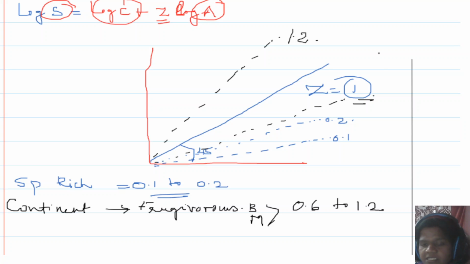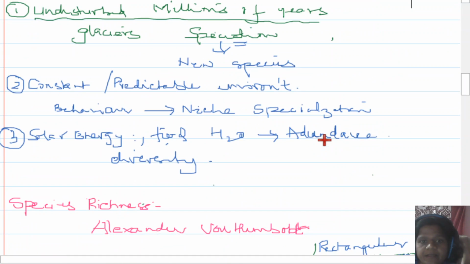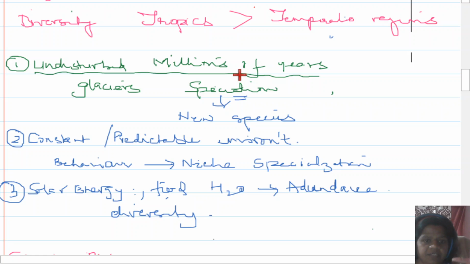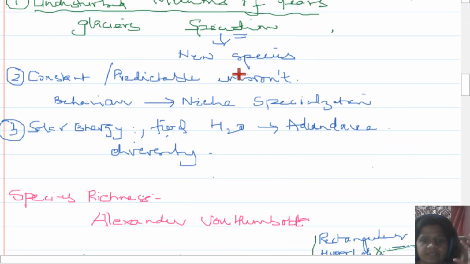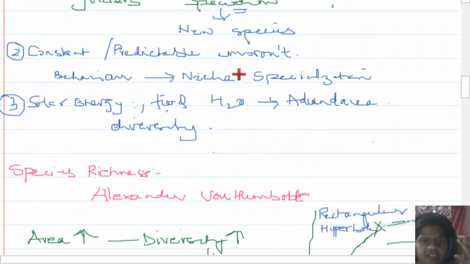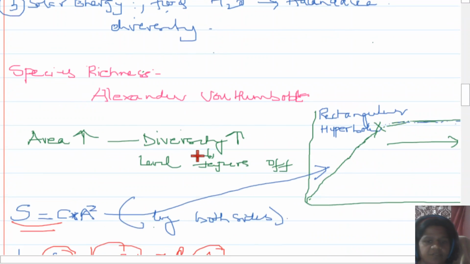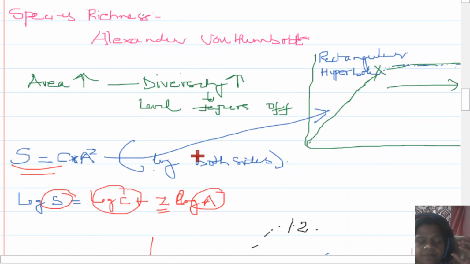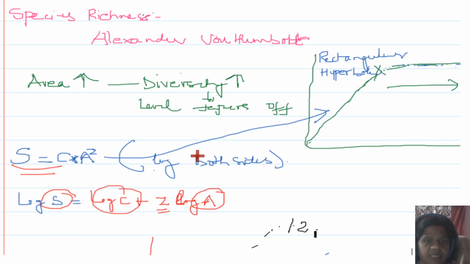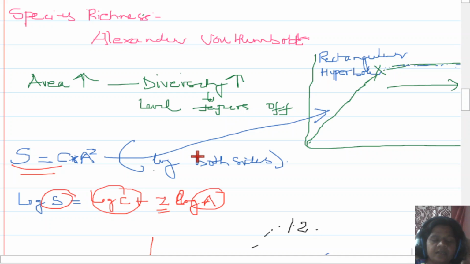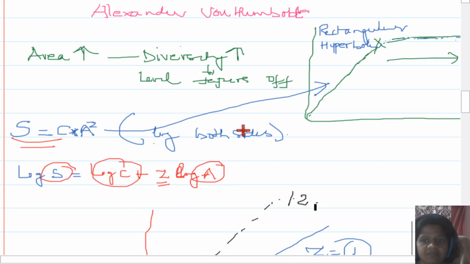All you need to understand in this is the diversity is more in the tropics than in the temperate regions, and there are three reasons for it: they were undisturbed, a constant environment, and abundance of natural resources for the greater variety of species. And that is the latitudinal gradient. And for the species richness, as you increase the area, your species richness or the diversity goes up, but at a certain point it levels off.